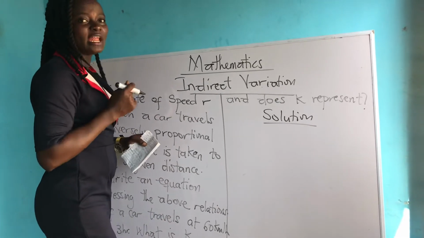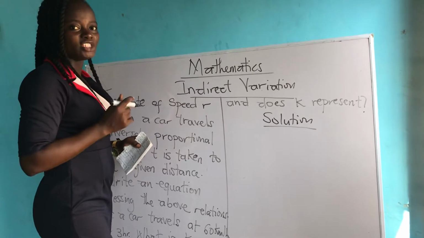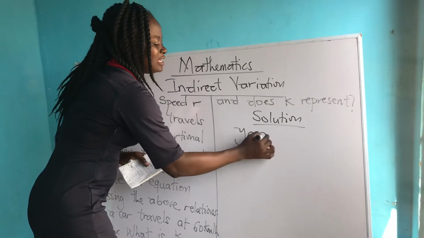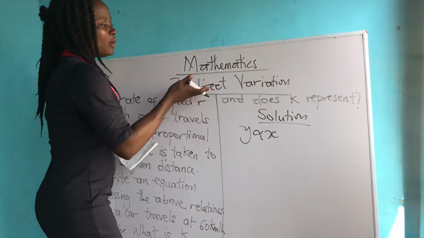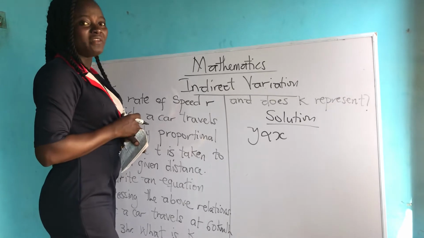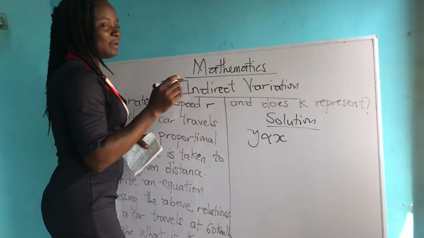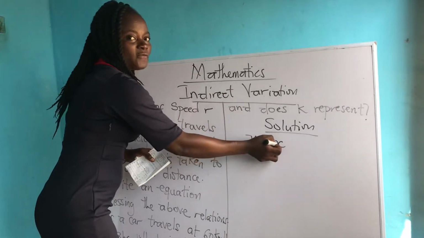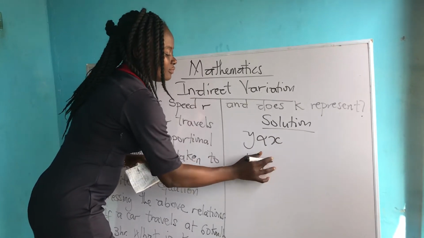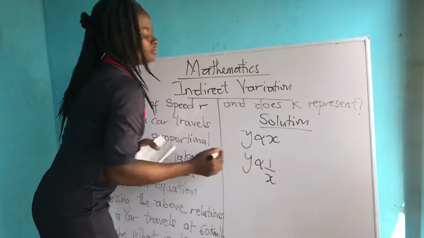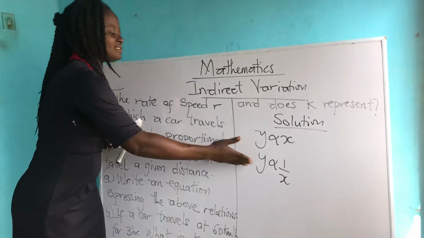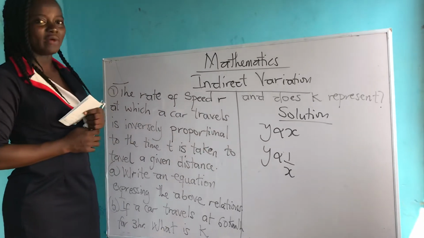As we treated in direct variation, we said y is directly proportional to x. So if it is indirect, it becomes an inverse of x. Y varies inversely as x, and this is how we write it.